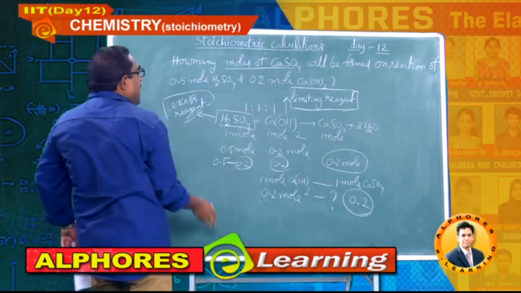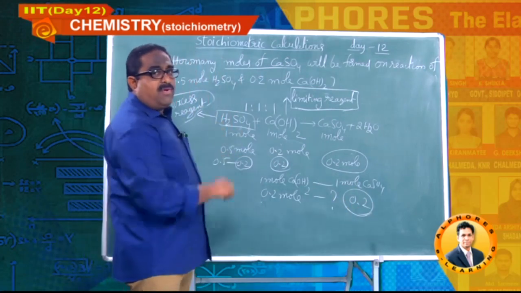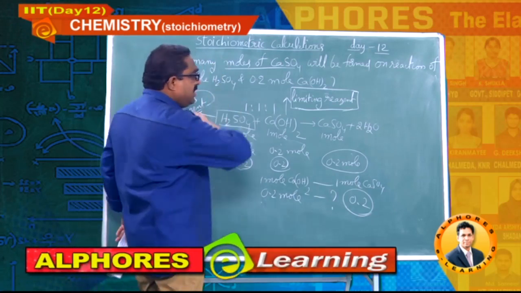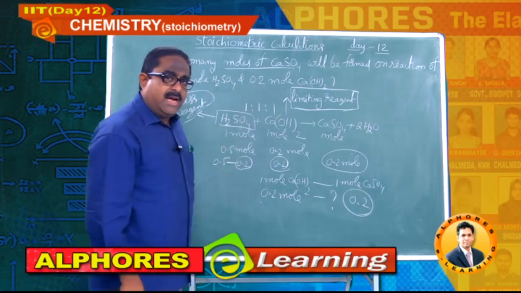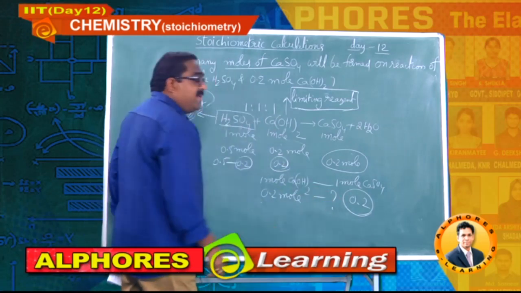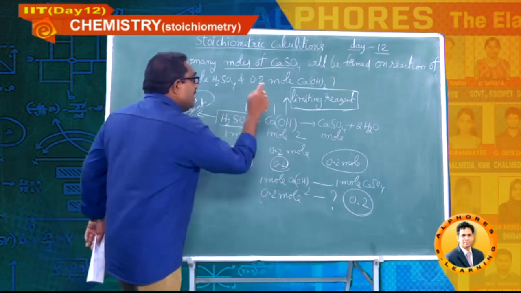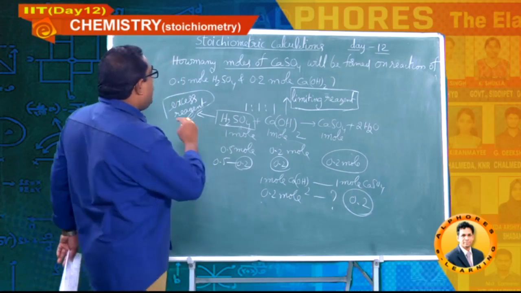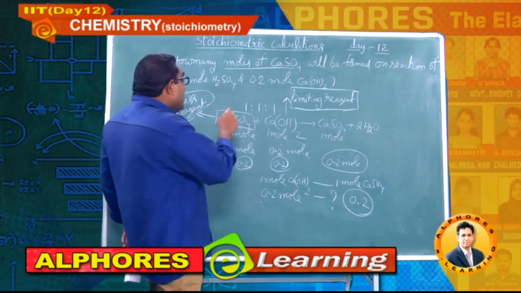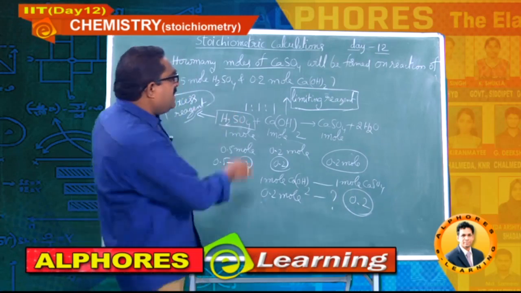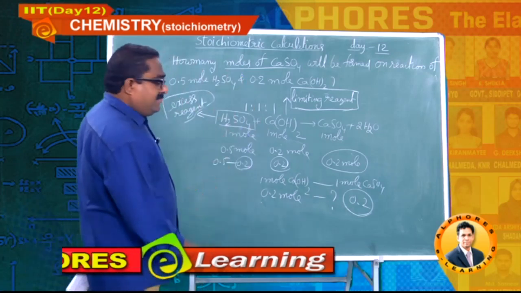We are not supposed to bother about the excess reagent. So for this type of numericals, first of all we have to fix which is the limiting reagent, and immediately after that you can assess the amount of product based on the amount of that limiting reagent. So to solve this type of numericals, one should find out which is the limiting reagent among the given reactants, and based on that you can answer the question within a short time.